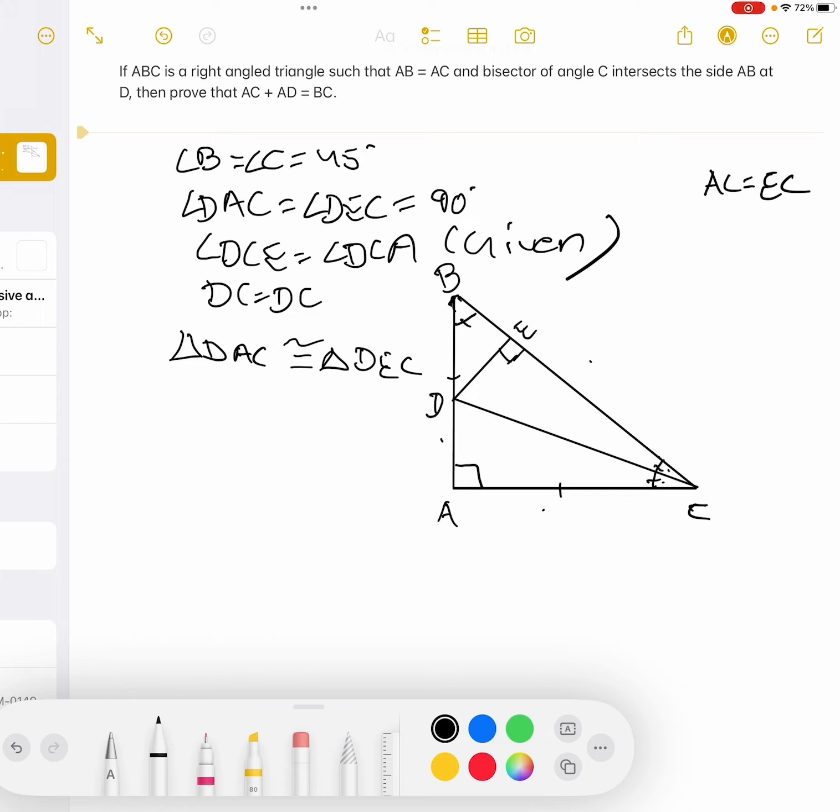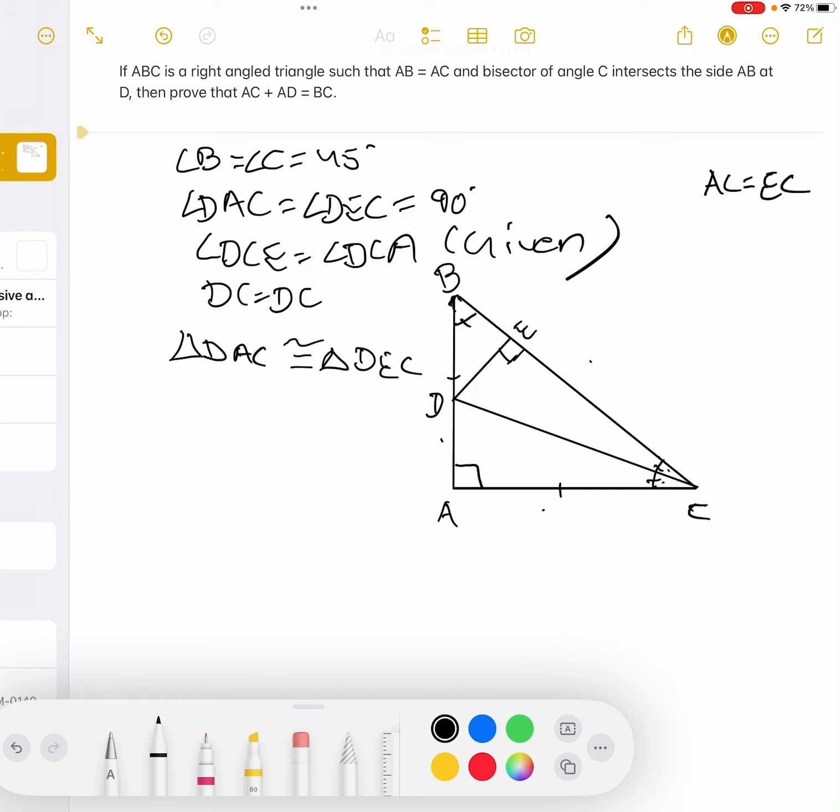Now we have come one step closer to showing that BC is equal to AD plus AC. But we have not yet shown that AD is equal to BE. So we have to show that AD equals BE.